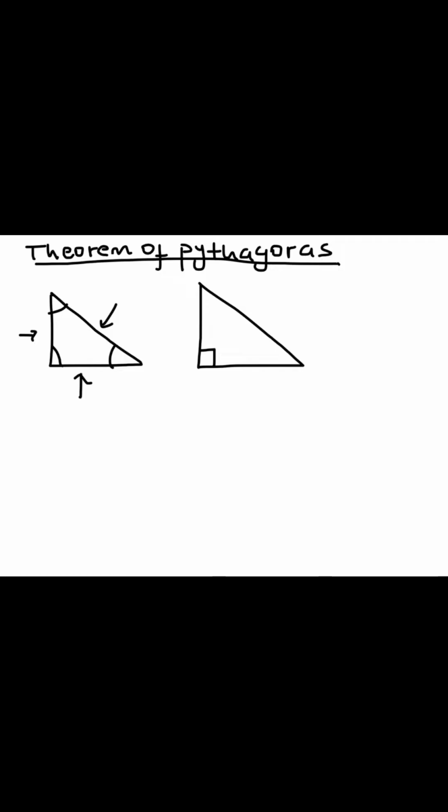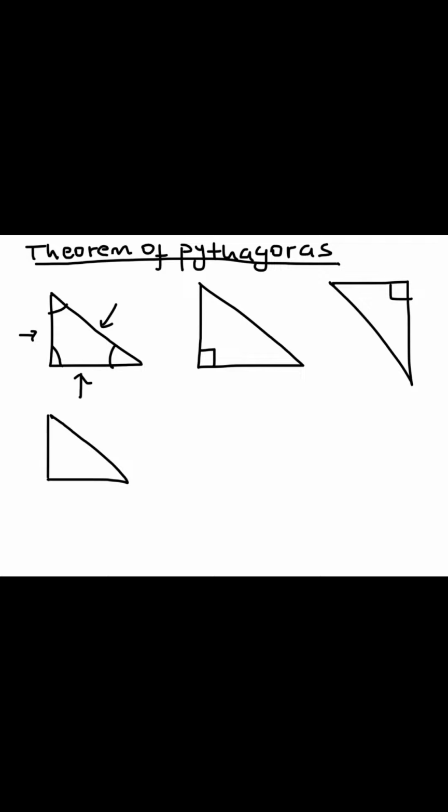So it doesn't matter if it is positioned like that, as long as it has this, then we know it is a right-angled triangle.